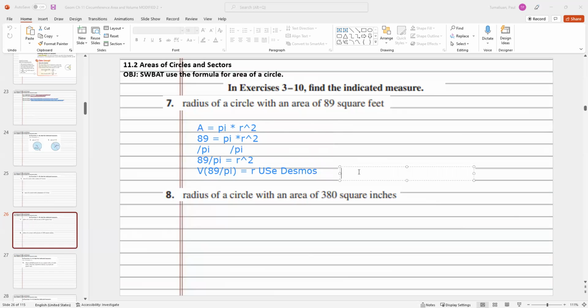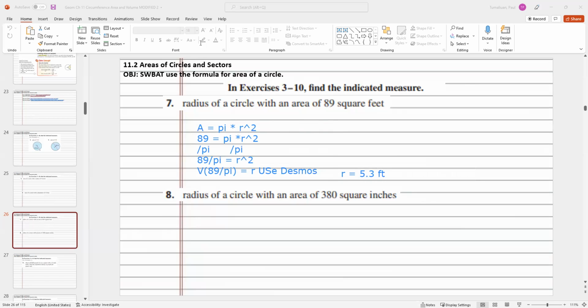So radius equals 5.3. And you want to make sure to check that on Desmos to see if you get the same answer, to make sure that you can do it. And here it's not the area, so we just take away the square and we just leave it as feet. So 5.3 feet.